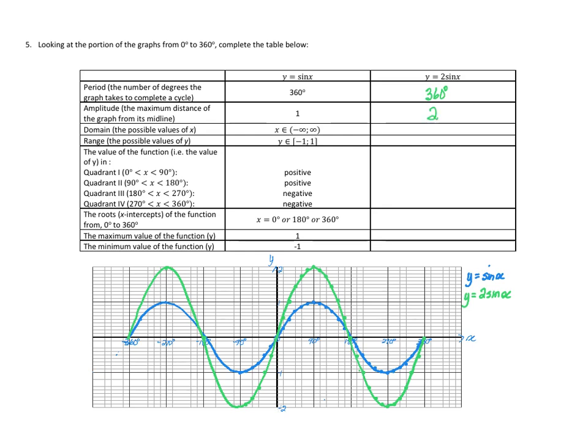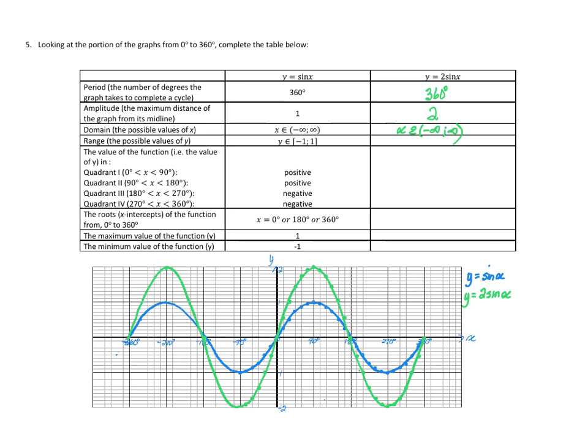The possible values of x, or the domain, is the same for both graphs, as you can see. So x is an element of the interval negative infinity to infinity. And what we mean by that is that both of these graphs actually do extend in the positive x direction and the negative x direction to infinity.